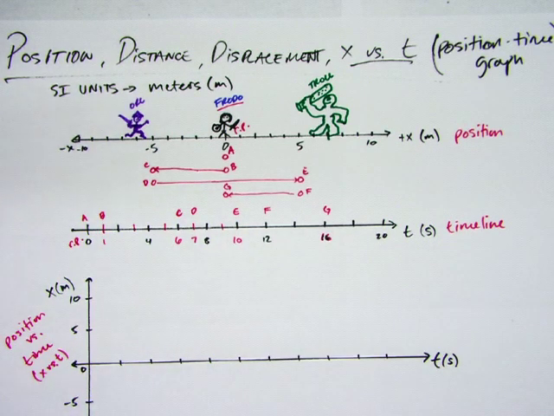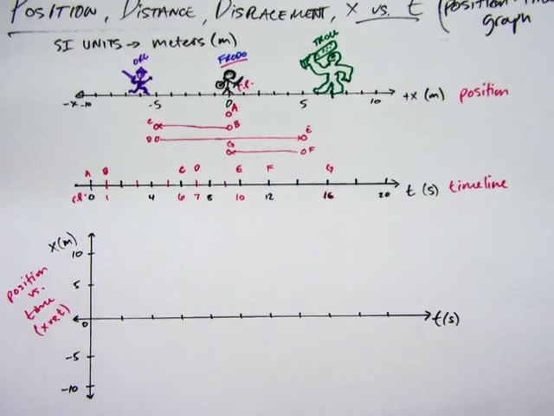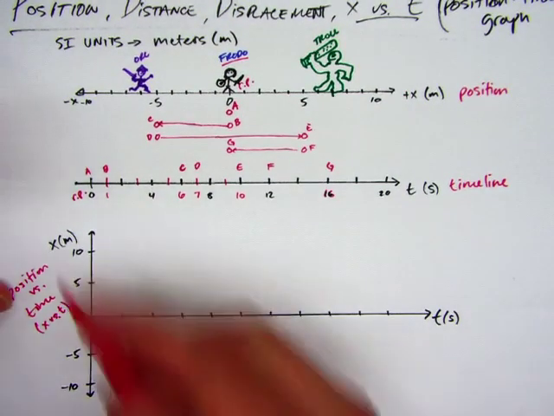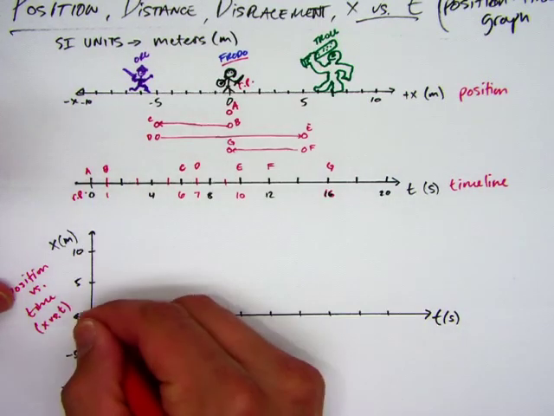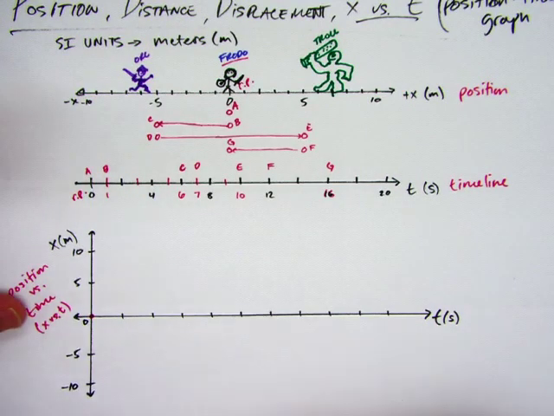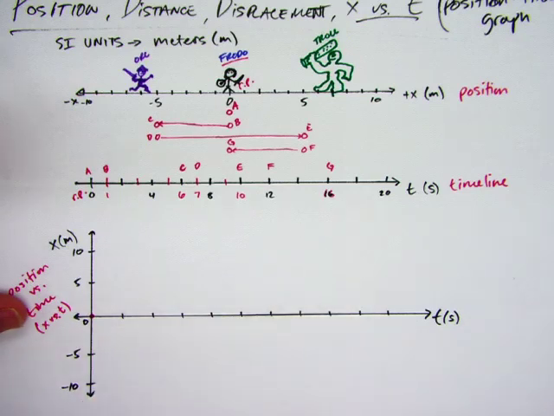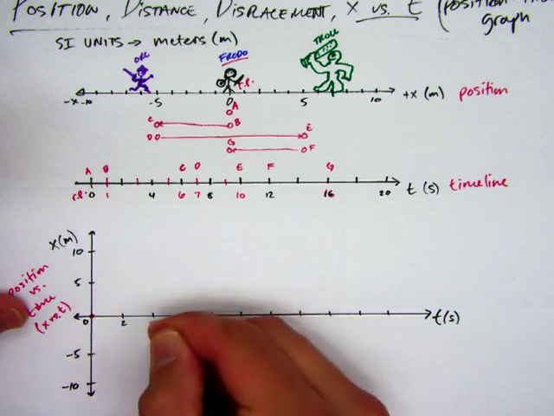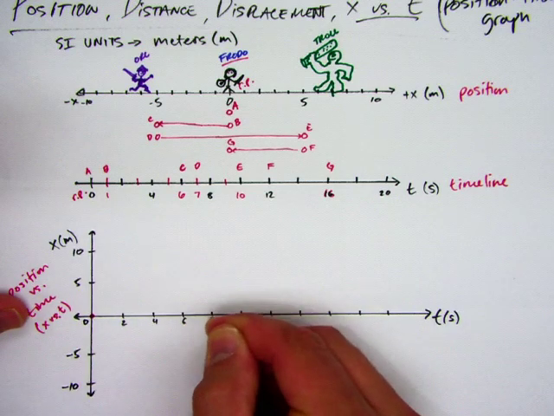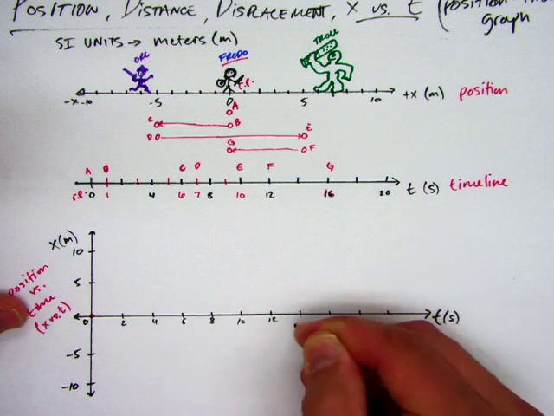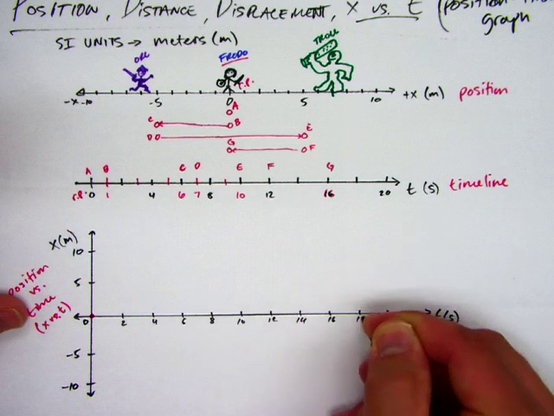Now let's combine these together on a two-dimensional graph that shows both his position and his time. So he starts at time 0, position 0, and it takes him a second to react. So you know what, I need a scale here. Let's keep this consistent. So this will be 2 seconds, 4, 6, 8, 10, 12, 14, 16, 18, 20.